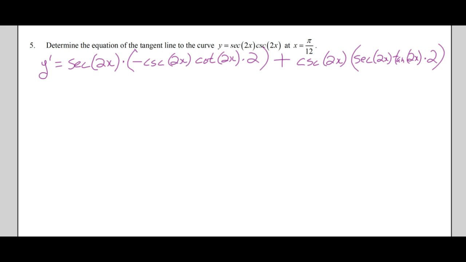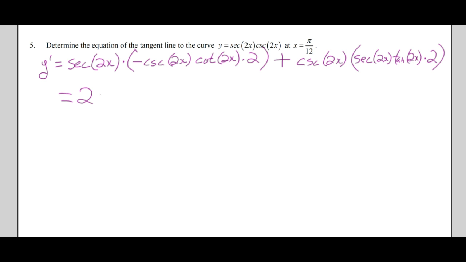Okay, so what do we got in common? We got a cosecant, right? And we got a 2. And we got a secant. So we got a 2 and a secant, a cosecant. And let's do the plus 1 first and the minus 1 second.